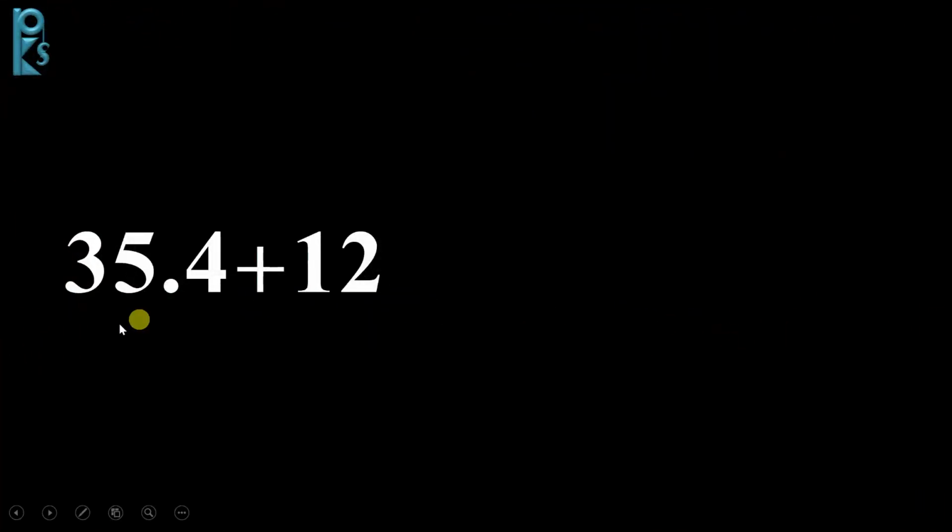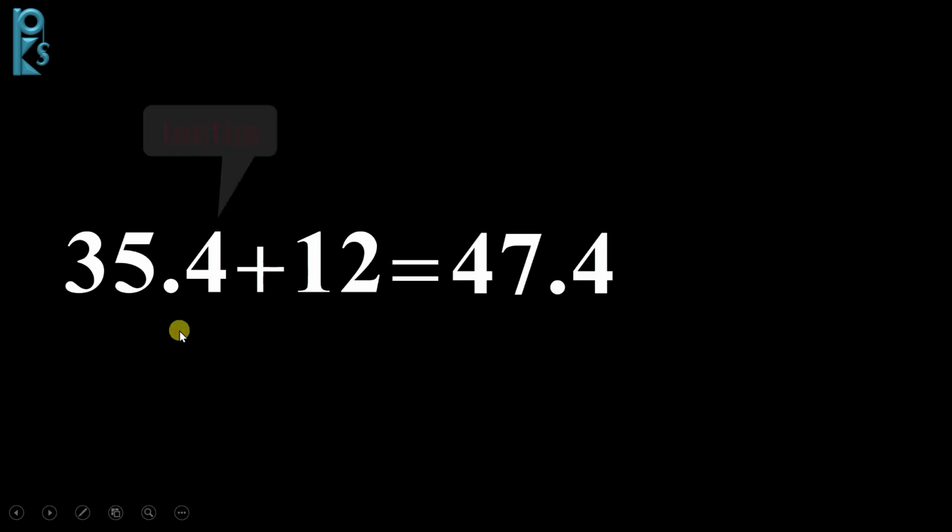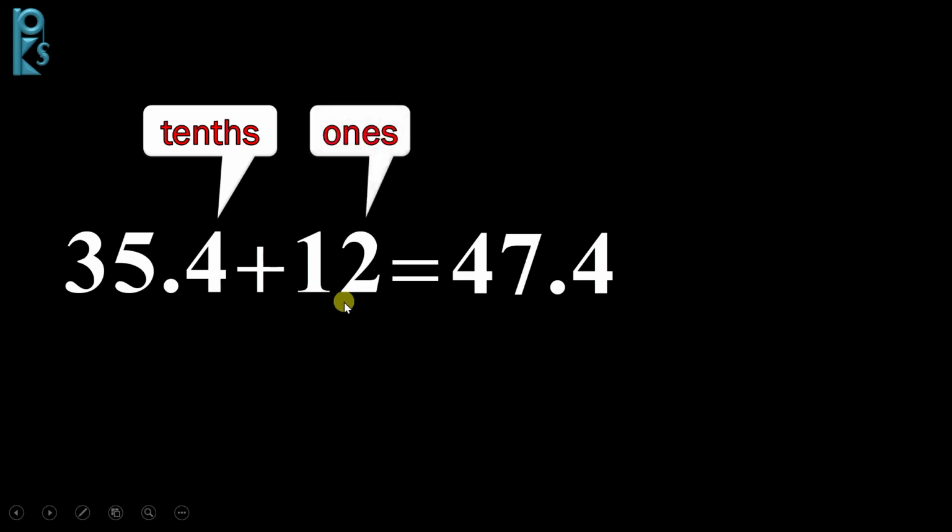Okay, let's apply the rule for this case. 35.4 is added by 12. Mathematically, the answer is 47.4. But pay attention. For the first term, the last right digit is in the number place of tenths. The last right digit for the second term is in the number place of ones. So I will care about ones, and 12 is my less precise term.